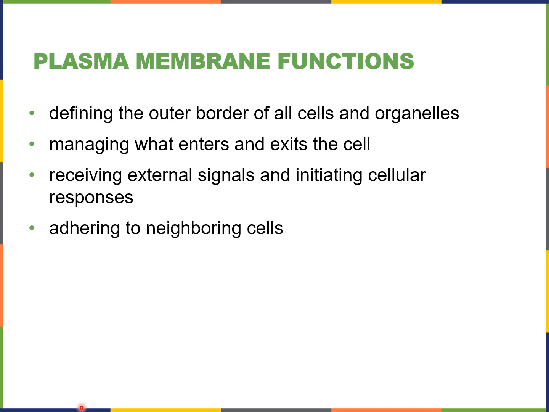Lastly, the plasma membrane helps with adhesion. The plasma membrane helps cells adhere to their neighboring cells, allowing them to stick together. We discussed this in previous lectures when we talked about tight junctions, desmosomes, and gap junctions, which enable cell-to-cell interaction and communication.